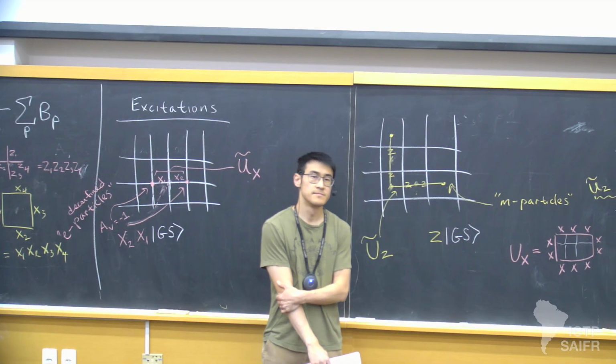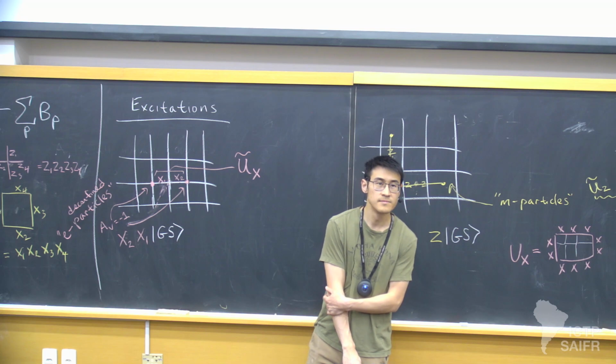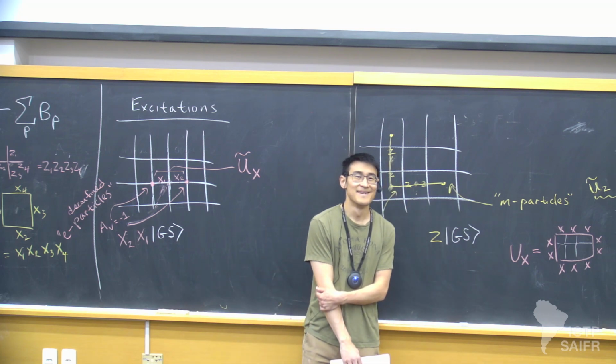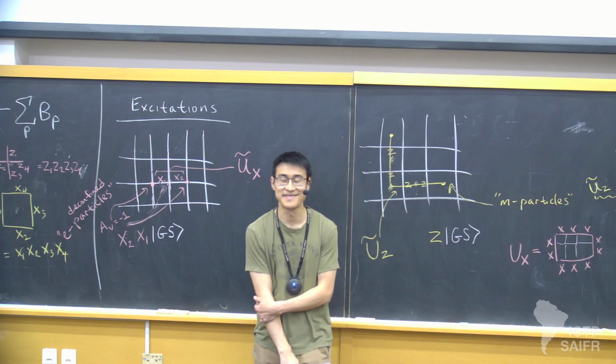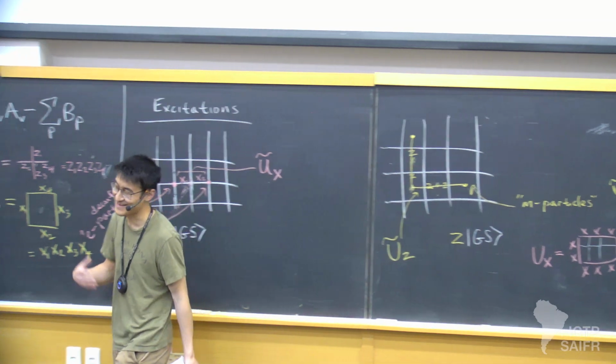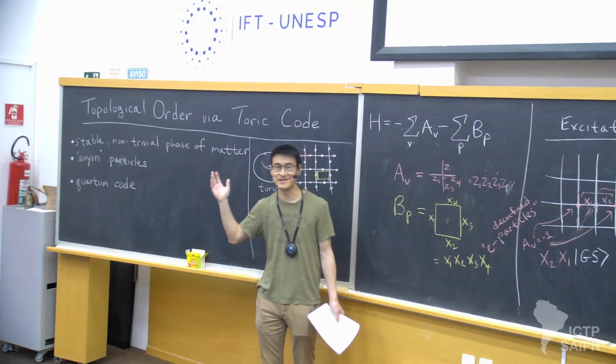So if you change the boundary conditions or the topology of the manifold you're putting your system on, does something dramatic happen? Yes, that's a good question. Indeed, I didn't even try to explain the origin of the word topological order.